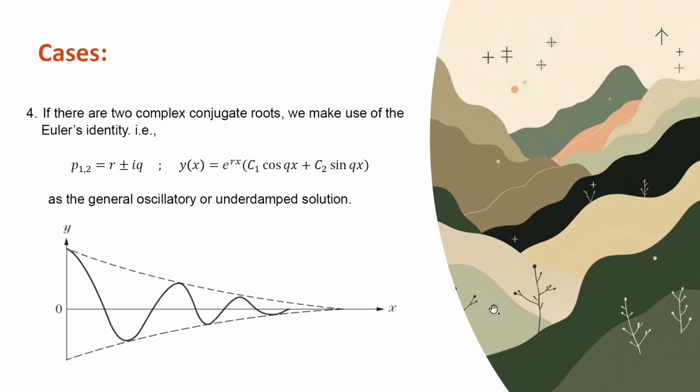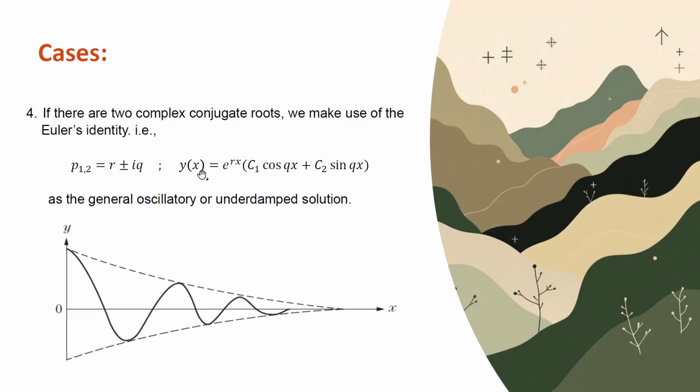Finally, for the fourth case, if there are two complex conjugate roots, we make use of Euler's identity. That is, if both roots could be expressed as r plus or minus iq, where r is the real part and q is the imaginary part, then the general solution is an oscillatory, or underdamped, solution.